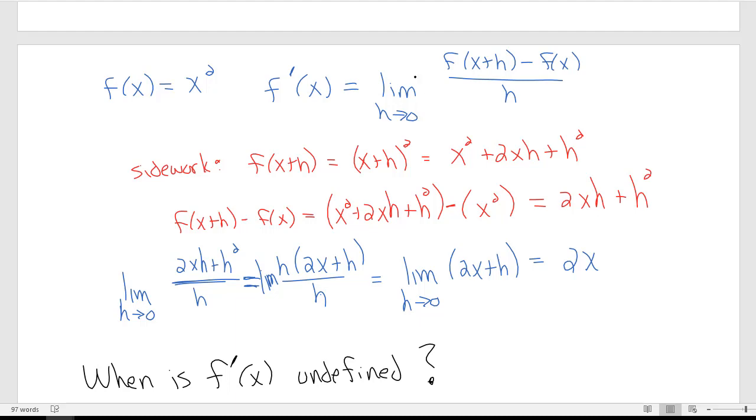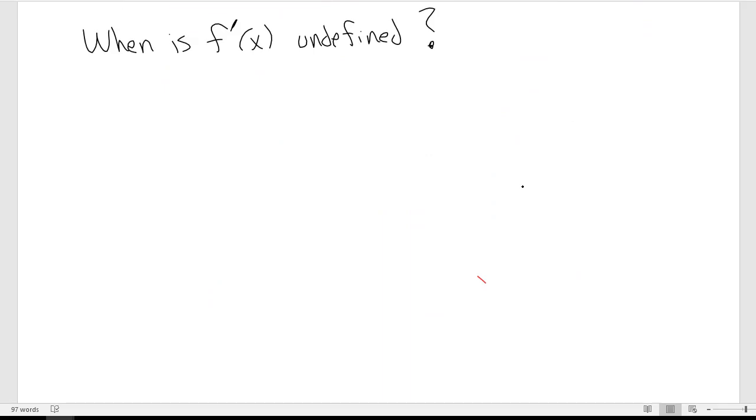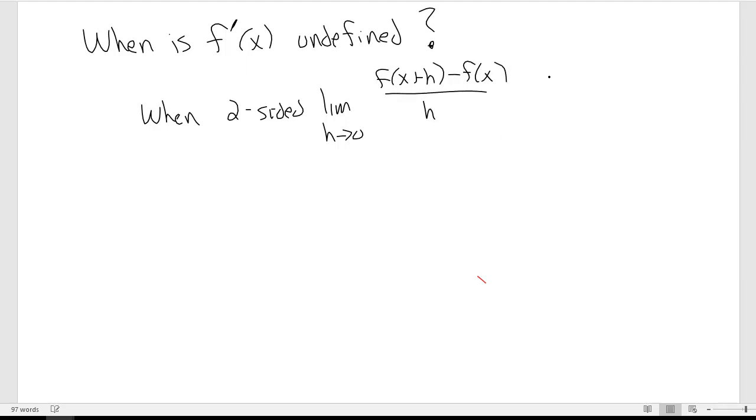So if this two-sided limit doesn't exist, then the derivative is not defined. So when is f prime undefined? The answer being when the two-sided limit as h approaches 0 does not exist. I'm going to get lazy and say DNE.